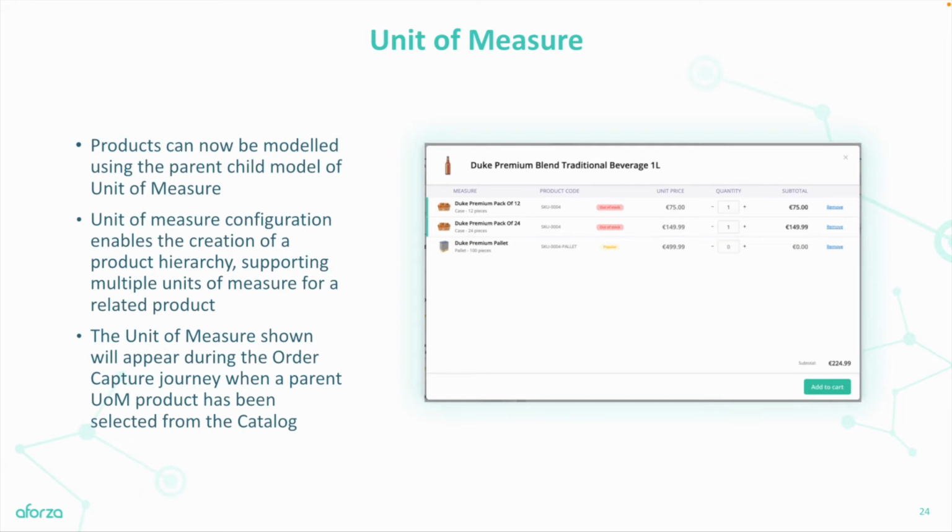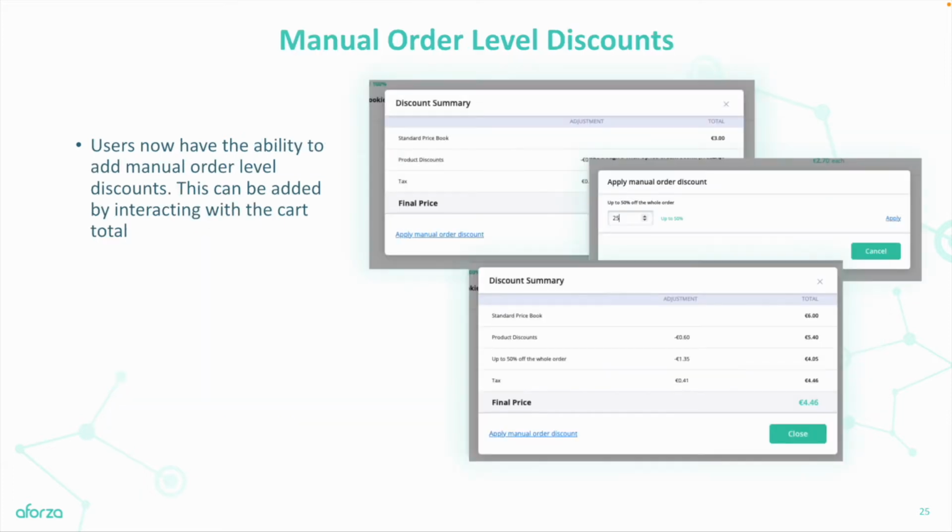So while we are around the area of order capture and pricing, the next great enhancement we've introduced is manual order level discounts. If you want your sales reps to have the flexibility to grant controlled discounts at the point of order completion, then this is the area you'd be doing it.